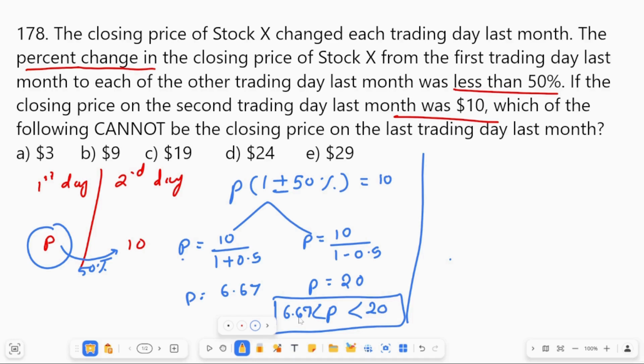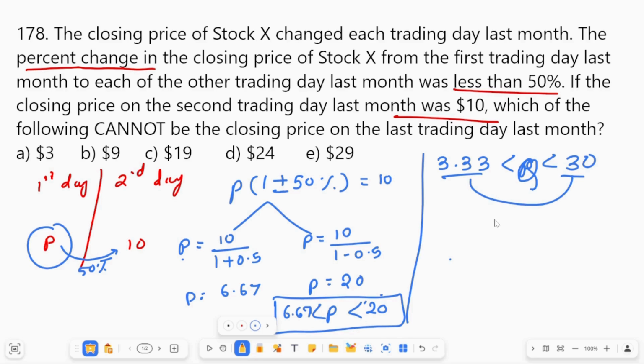So decrease this by 50%, the half of this is going to be 3.33, so I'll just take it as 3.33. And increase the highest number by 50%. The 50% of this number is 10, added into it, so that will become 30. So instead of writing P, I will write it as Q, assuming that Q is the price on the last day. So the price on the last day was anything in between these two numbers.